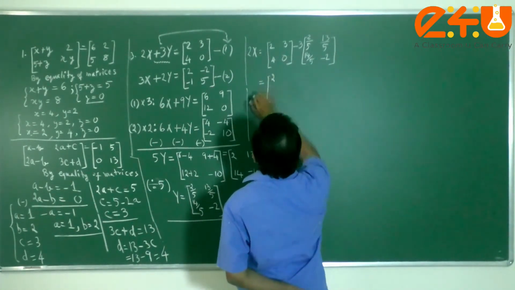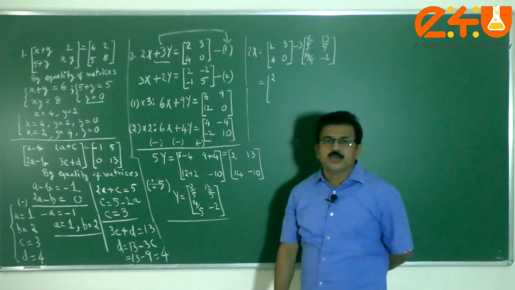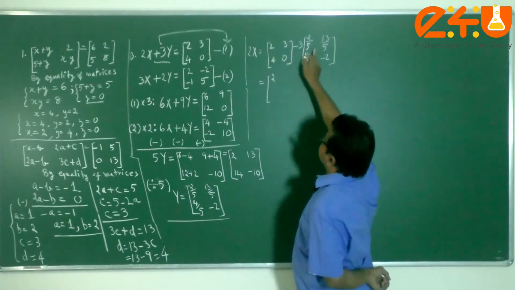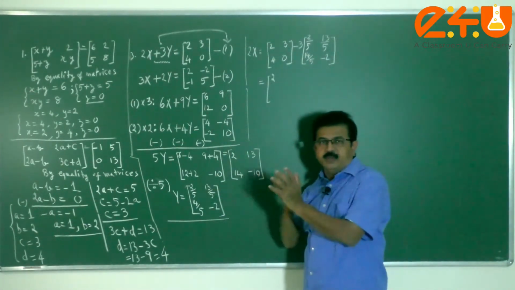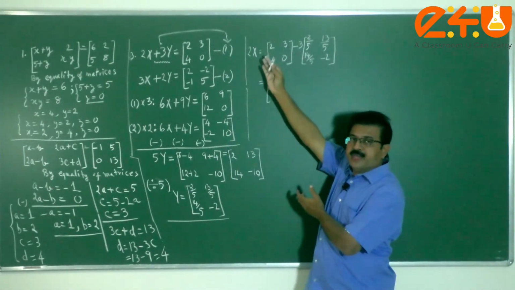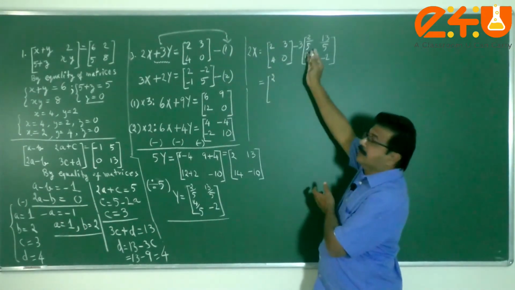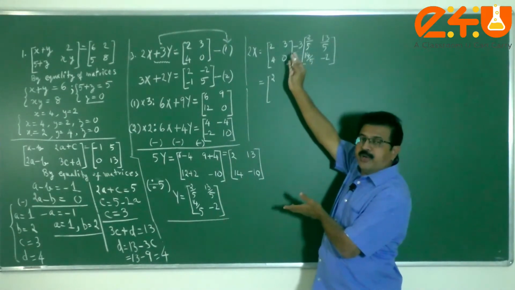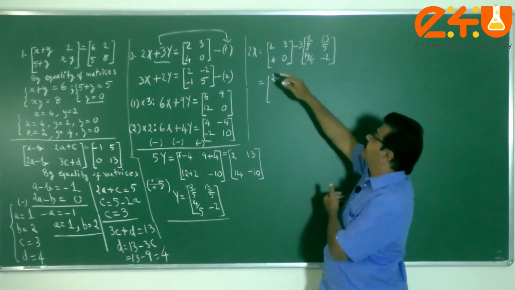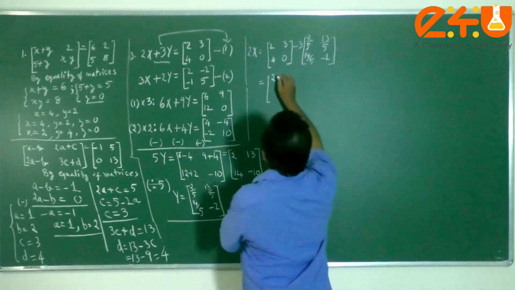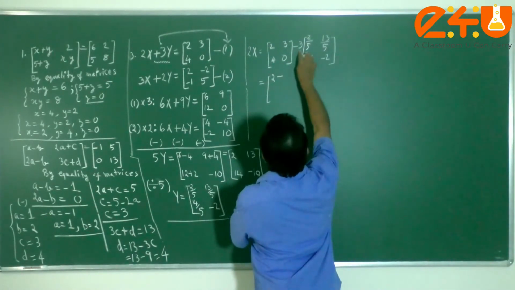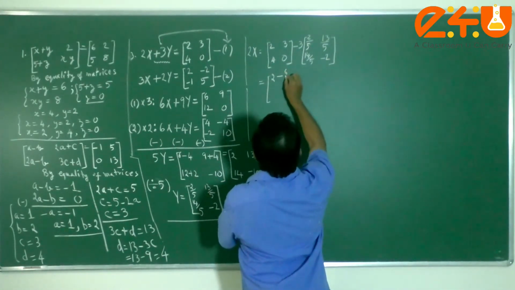It is 2. Here also we are going to multiply, which means we are going to do the subtraction of the corresponding elements. Position 1 1 in the first matrix, from that element we subtract the corresponding element in position 1 1 belonging to the second matrix, which is multiplied by the scalar 3 also. I am going to do that. It is 3 times 2 by 5, so it is 6 by 5.